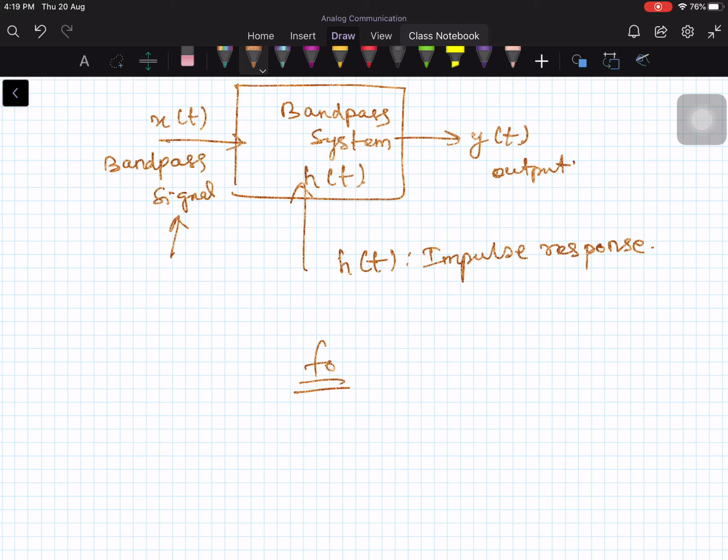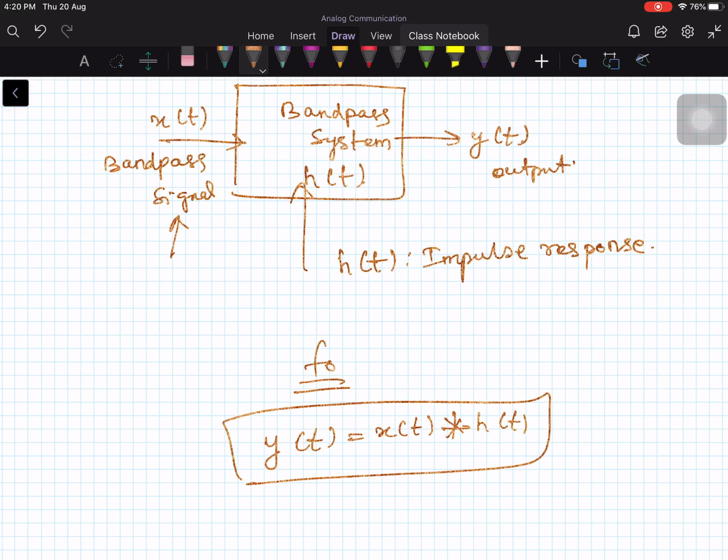Because if I know h of t and x of t, I can find y of t by convolving x of t with h of t, because that is the typical procedure for a linear time invariant system. So y of t is equal to x of t convolved with h of t. What is the big deal in this? Simply you can do it.